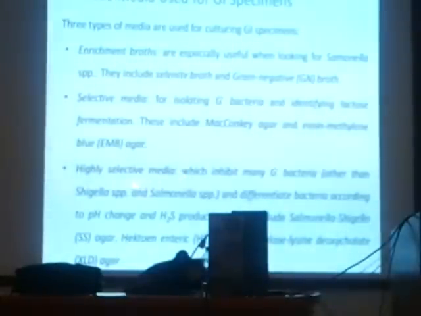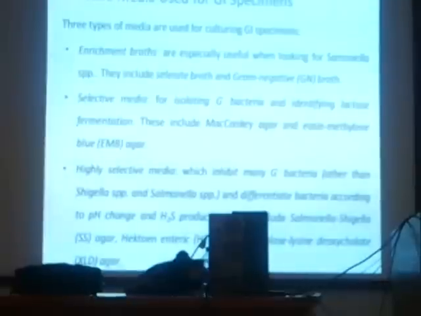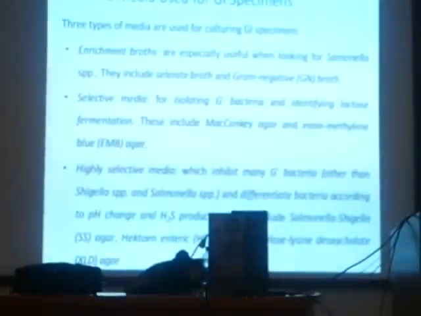But in highly selective media, in order to help us more in identifying Salmonella species, we include some material in the preparation of the media to help us see if it is an H2S producer or not. H2S production mostly appears as black discoloration, right? When we see a colony with black discoloration, then this is an H2S producer, right?